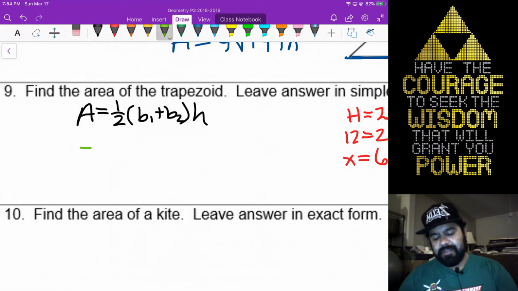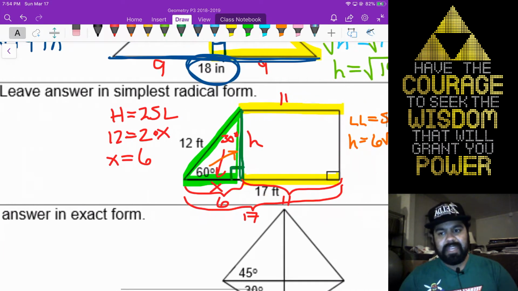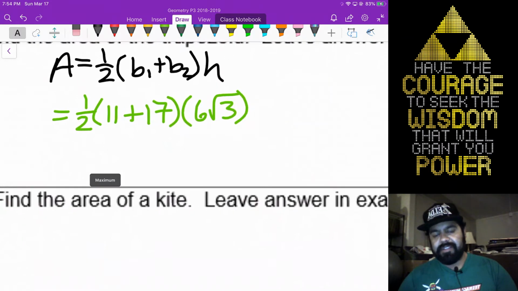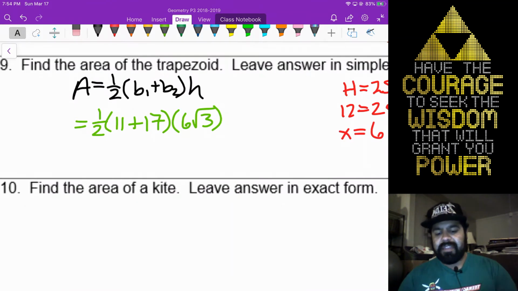So my base 1 is 11. Base 2, remember again, is the total length of the bottom, which is your 17. Then our height we said was 6 rad 3. So order of operations, you need to add the numbers in the parentheses first. So 1/2 of 28.